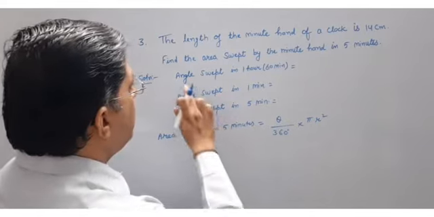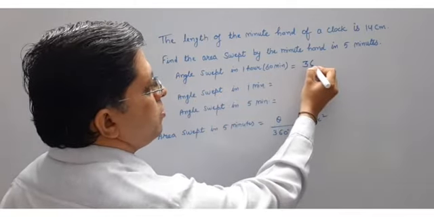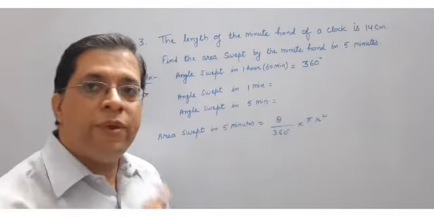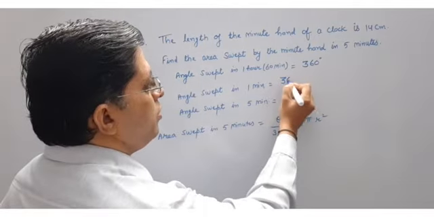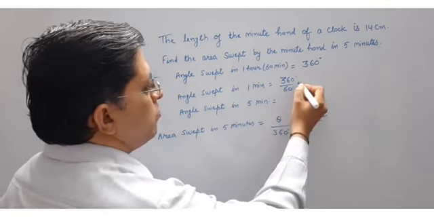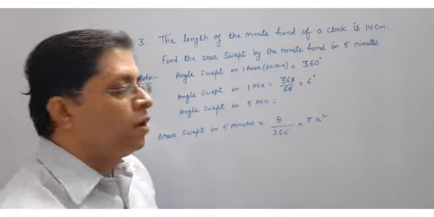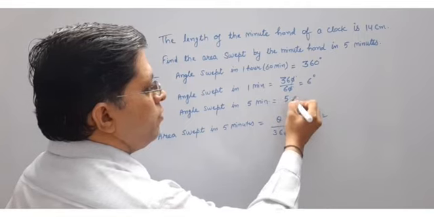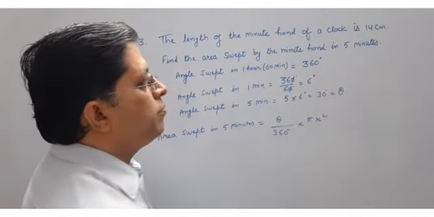I am writing here: angle swept in 1 hour, in 60 minutes, is 360 degree. Then what will it be in 1 minute? You have to divide it. This is 360 divided by 60, which is 6 degree. Then how much angle is covered in 5 minutes? So 5 into 6 degree, 30 degree. This is your theta.